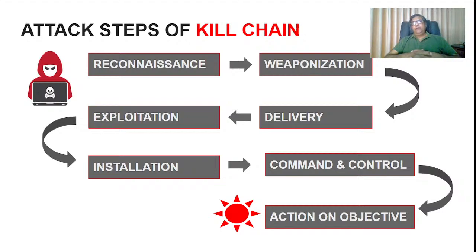For example, if they get into your database server, how are they going to exfiltrate your data? How do they get the data out? There is a technique where they can tunnel the data through DNS queries, because firewalls do not care much about DNS queries going from inside to outside.